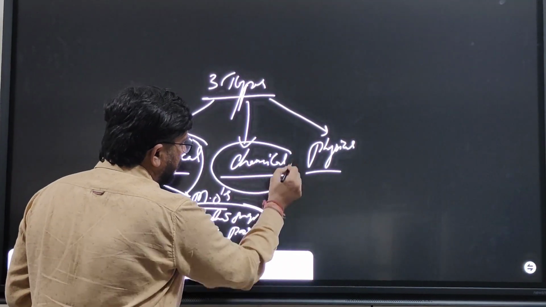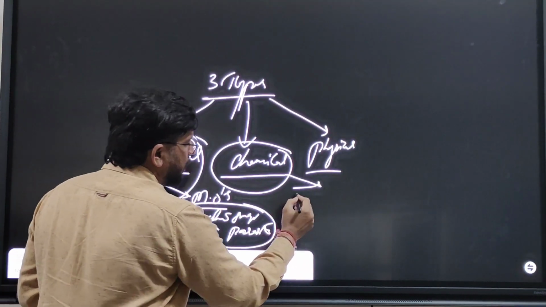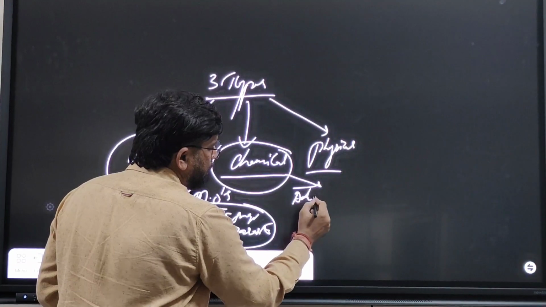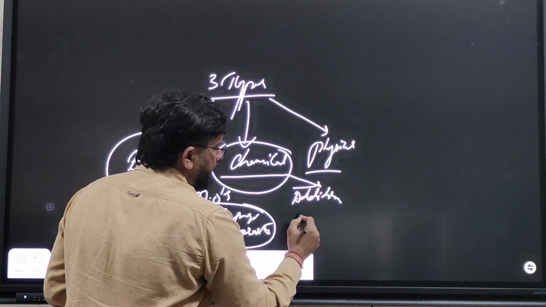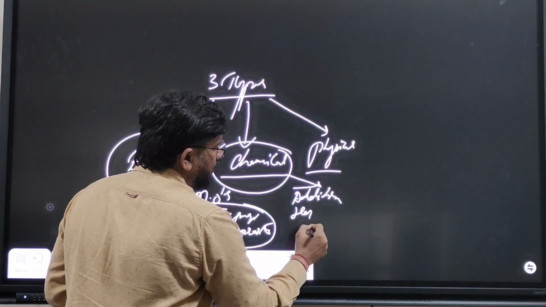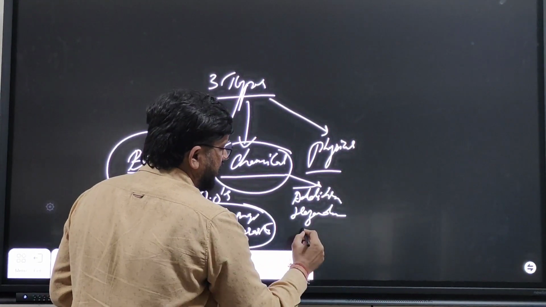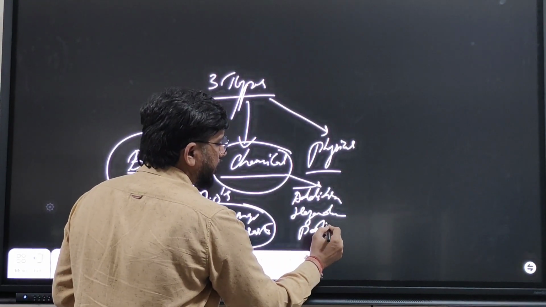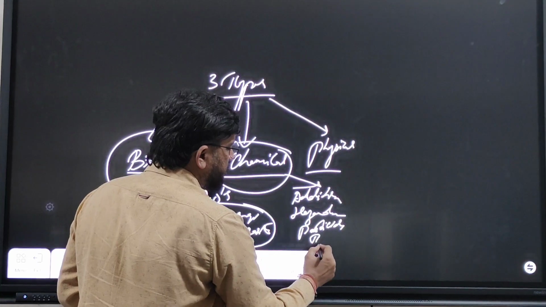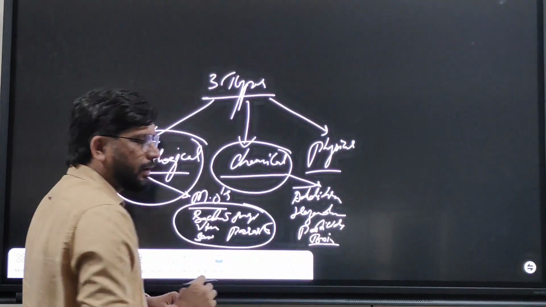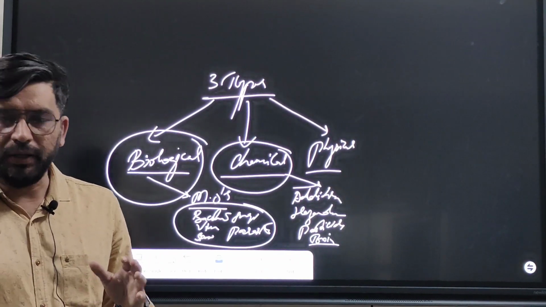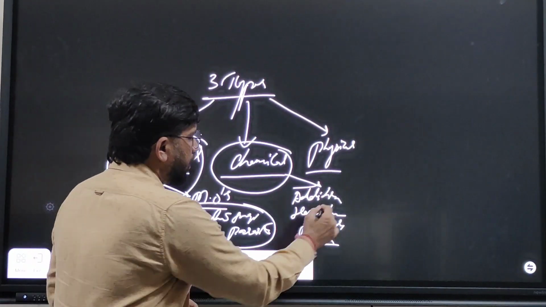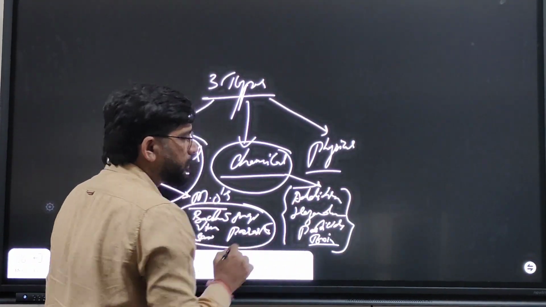Whereas coming back to the chemical mode of contamination, here there is addition of hazardous elements such as pesticides, toxins, and other unfavorable materials which can cause food poisoning.